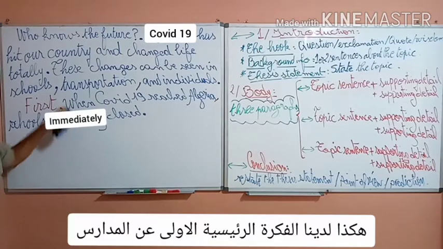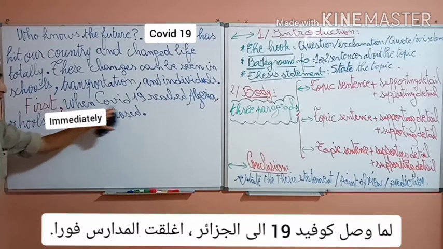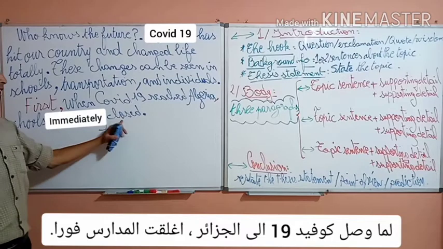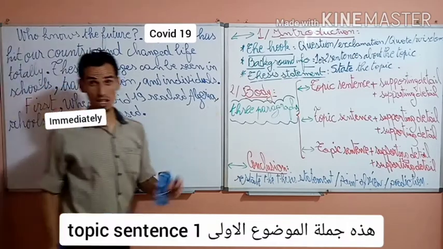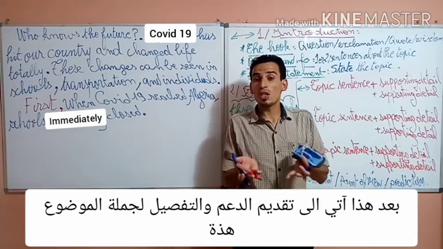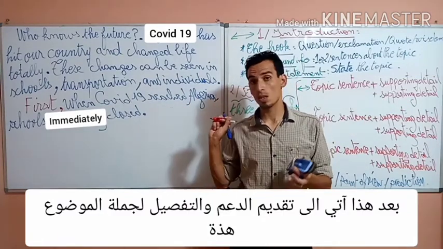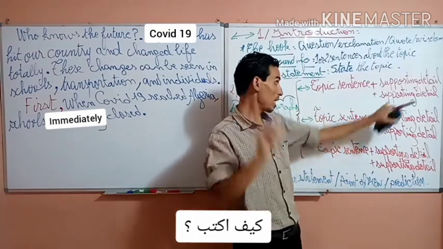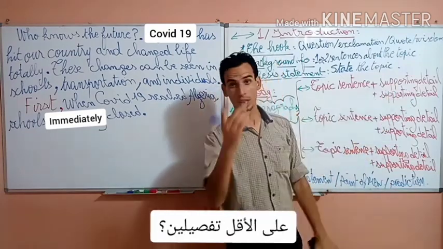Like this, we have the first main idea about schools. When COVID-19 reached Algeria, schools immediately closed. This is topic sentence number one. Then I come to give support to this topic sentence. How can I write at least two supporting details?